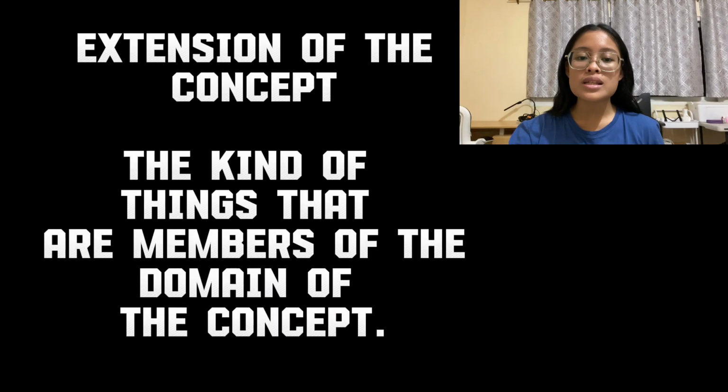There's a consensus among philosophers of language that every term expressing a concept is analyzable from two aspects. First, you may identify the kind of things that are members of the domain of the concept. These are called the extension of the concept. The extension of a concept or expression is the set of things it extends to or applies to, if it is the sort of concept or expression that a single object by itself can satisfy.